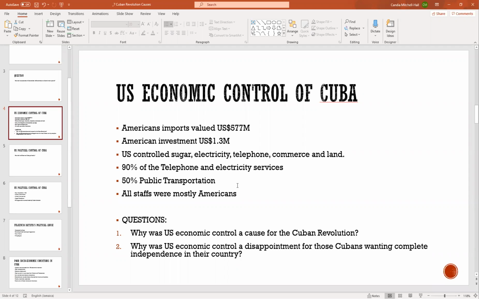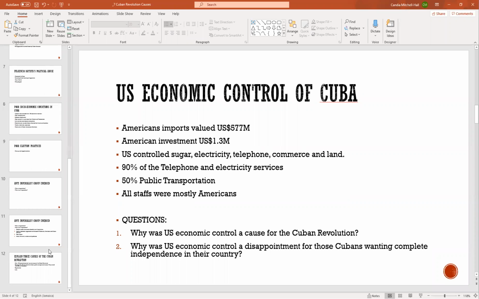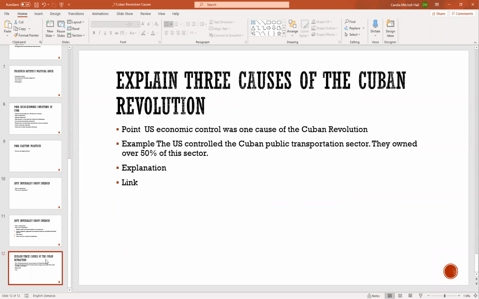Sir, for each point, how many examples should or can you give? In the exam, it is always good to give at least 2, or 2 examples at the most. Okay, sir, and then you explain both examples. Then you explain.